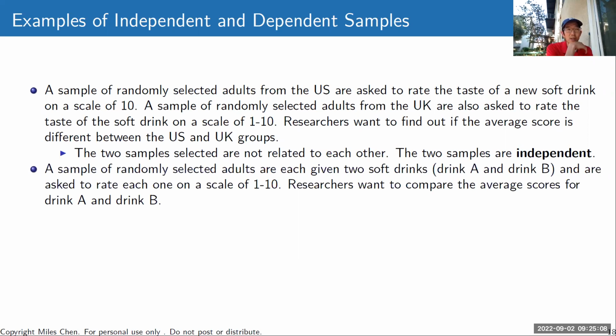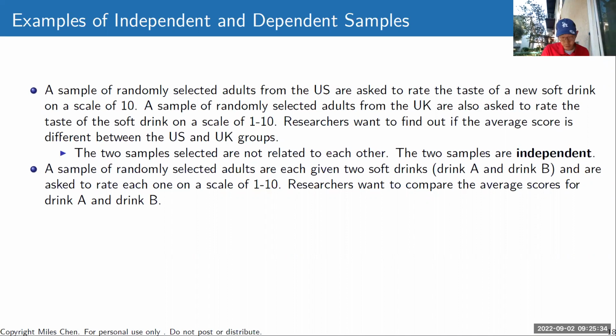Okay. Here's an example where they would be dependent or paired. Here we have a random selection of adults, and we give each adult 2 drinks, a drink A and a drink B, and we ask them to rate drink A, rate drink B. And we want to say, do people prefer drink A, or do people prefer drink B?